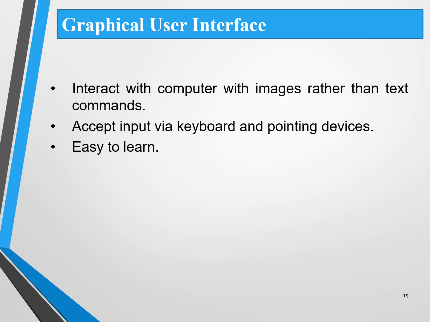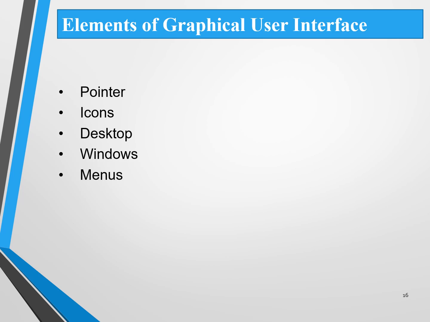Graphical user interface is a type of user interface which allows people to interact with computer with images rather than text commands. It accepts input via keyboard and pointing devices. And graphical user interface is easy to learn. Elements of graphical user interface are pointer. A pointer is a symbol that appears on the display screen and that you move to select objects and commands.